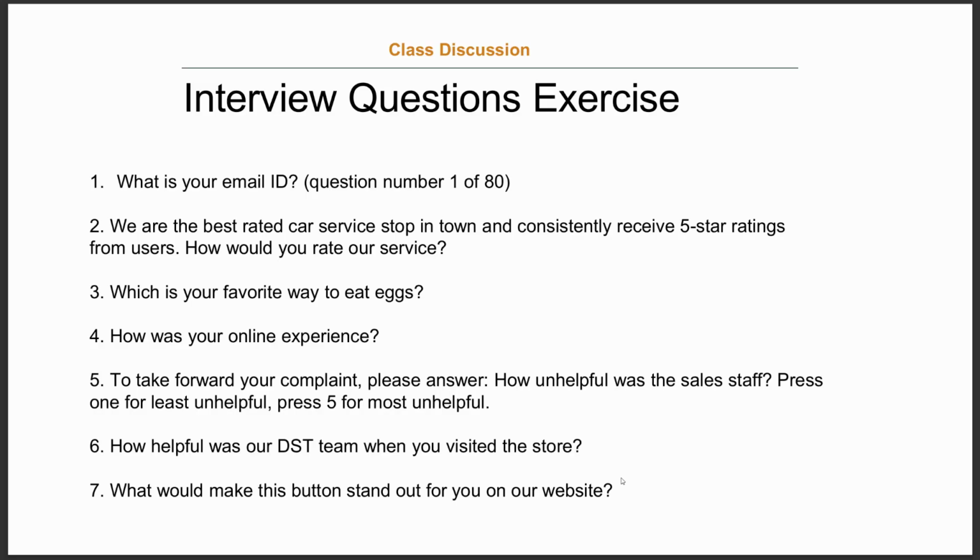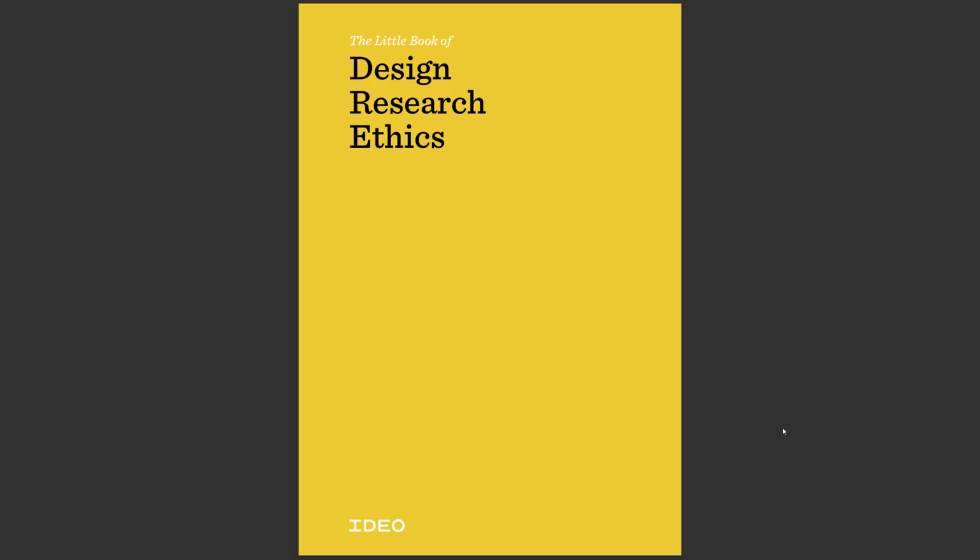So with that being said, we're going to test out our learning from this lecture and also use some of the required materials that I have provided to find what the best practices ethically are when we are conducting research. Now for the class activity and your graded assignment, I want you to take a look at the Little Book of Design Research Ethics. It is added in eLearning, so you should be able to find it there.